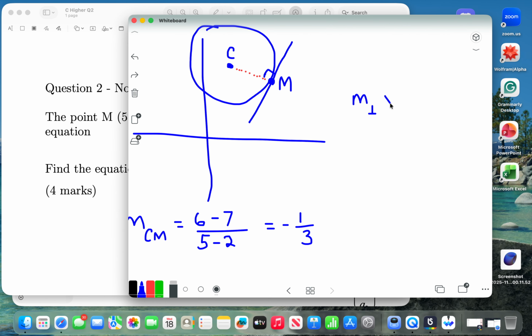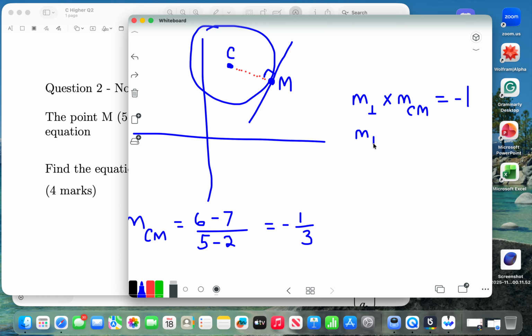So m of the tangent multiplied by m of CM is -1. And that's the case for perpendicular lines. The exception is if one of the lines is purely horizontal and the other one is vertical. That's the only exception. Otherwise, this rule applies. Now this m with the tangent symbol, an upside down T, is what we use to signify the gradient of a tangent.